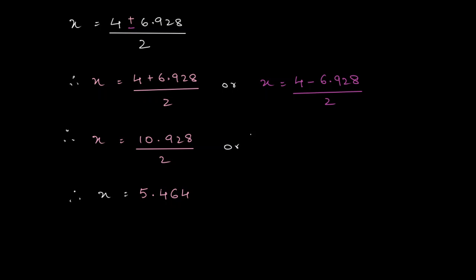And the other value that we have now is 4 minus 6.928, which is equal to minus 2.928 and divided by 2. So I can say x is equal to minus 1.464. Right, so I got my two values of x, one as 5.464 and the other one as minus 1.464.